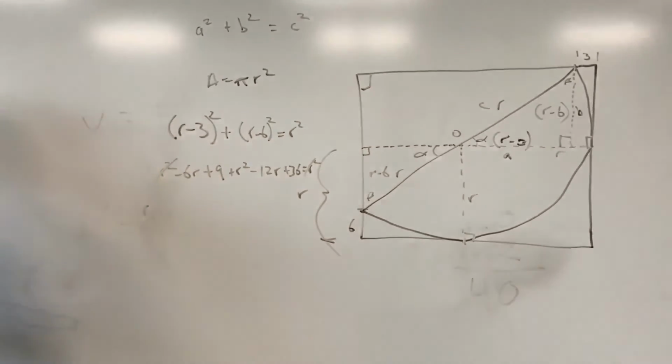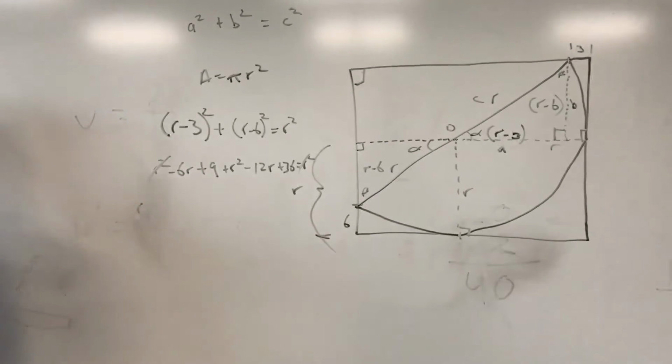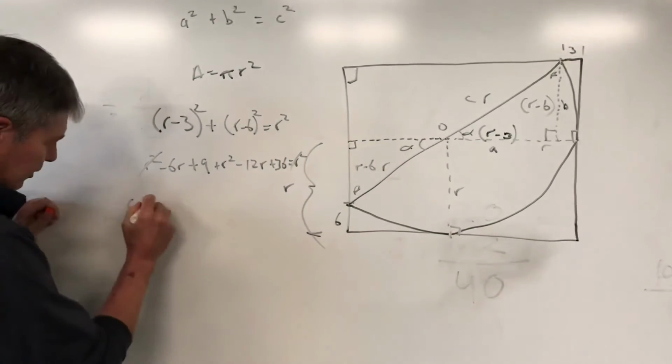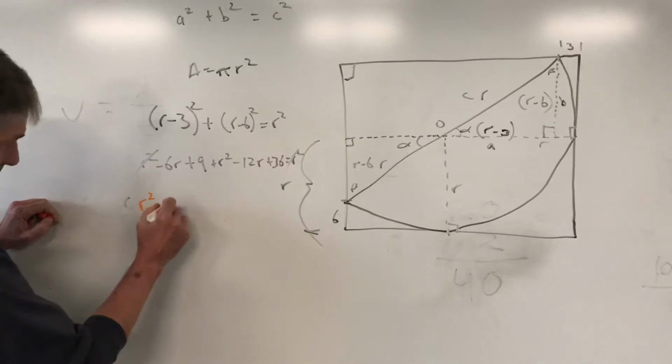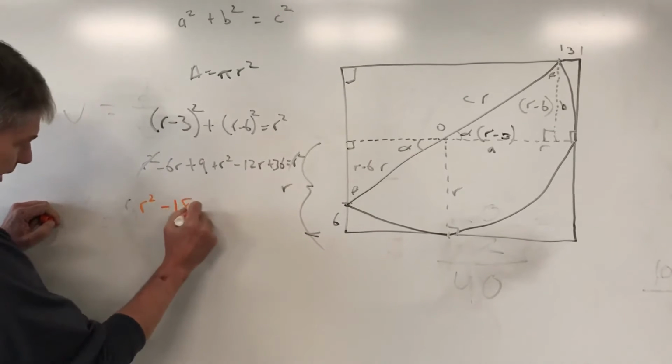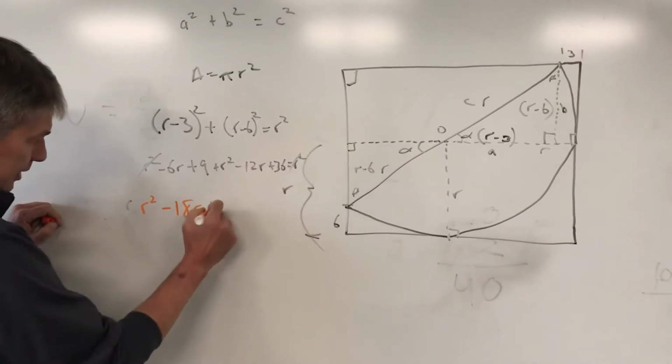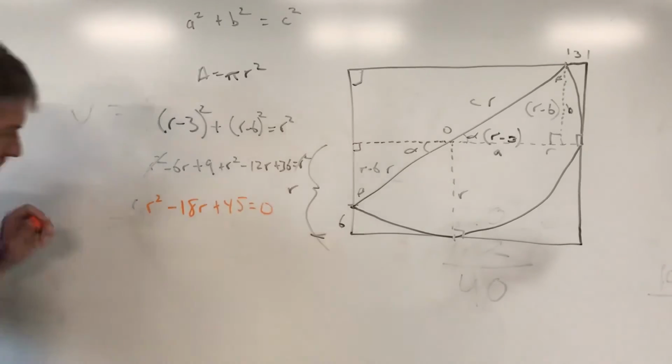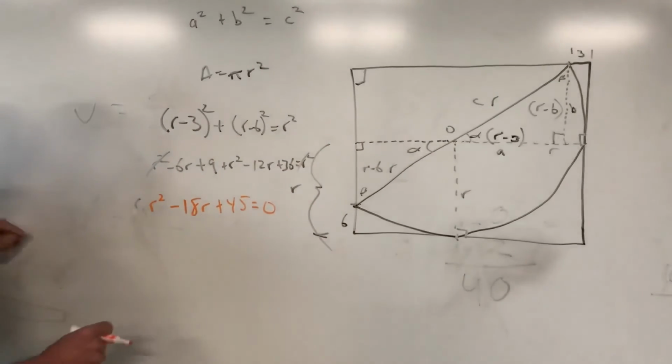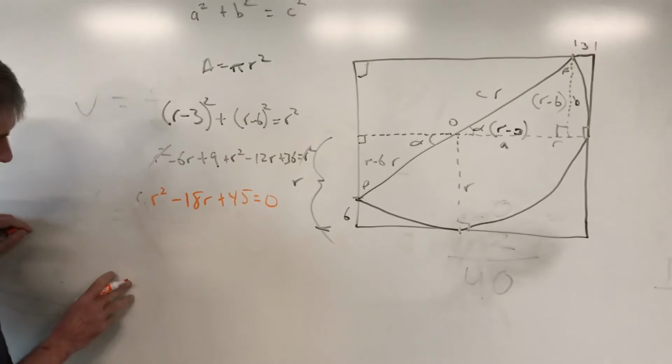Let me get a better pen. R squared minus 18R plus 45 is equal to 0. I can factor this.